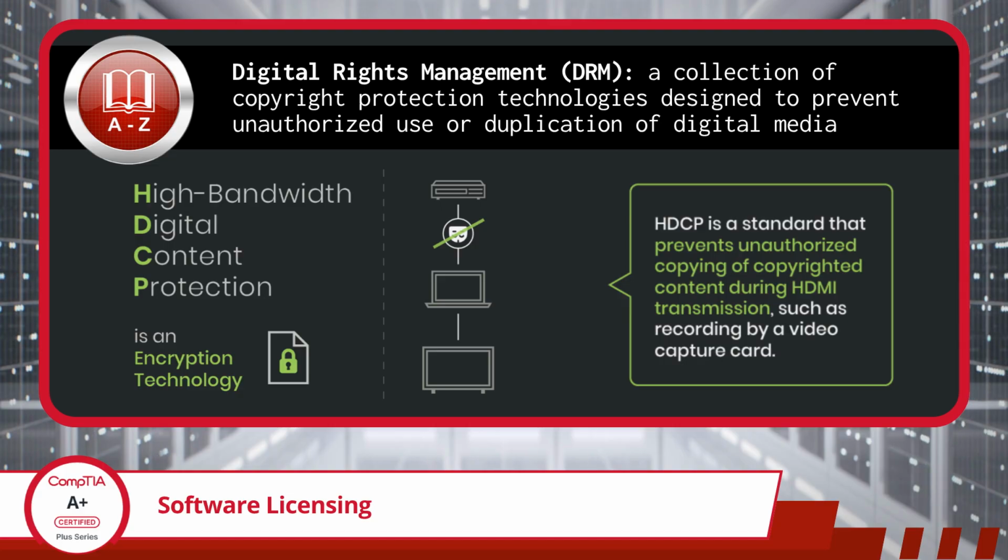HDCP helps prevent unauthorized copying of protected video and audio content as it travels across HDMI connections. If you connect a device to a display that does not support HDCP, the protected content may refuse to play entirely. In the IT world, DRM plays an important role in helping organizations and content creators protect copyrighted material, enforce licensing agreements, and reduce unauthorized distribution. While DRM can sometimes feel inconvenient to users, it exists to ensure software and digital content are used according to their licensing terms.